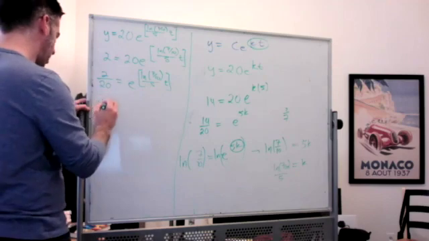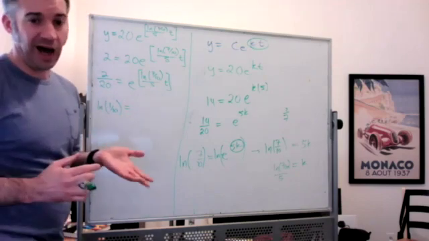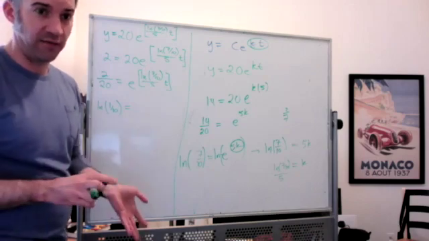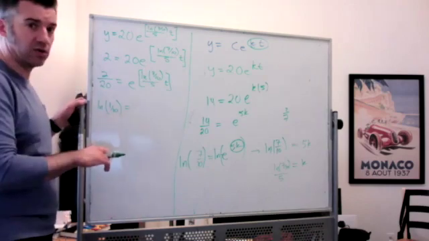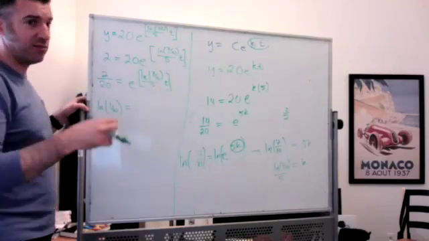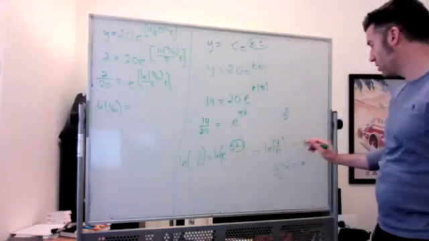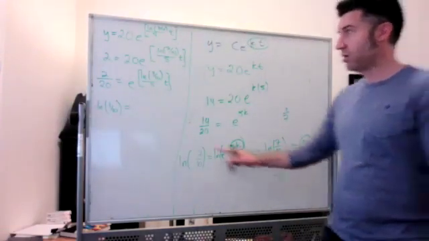So the natural log of 1/10 equals, now this is where I personally don't want to write out all the stuff, right? You could write the natural log of e to the natural log of 7/10 over 5 times t. But we know that when you take the natural log of e to a power, you just get the power. So if I take the natural log, I can write it over here.